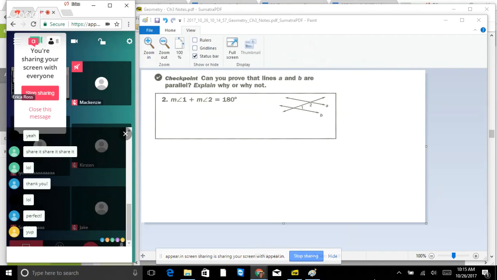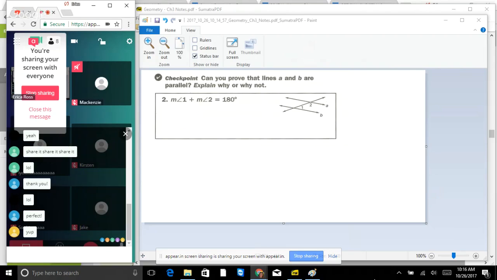We know that if two lines are cut by a transversal and the consecutive interior angles are supplementary, then the lines are parallel. And I just read theorem 3.6 to you. So are these two, 1 and 2, supplementary? Yes, right?